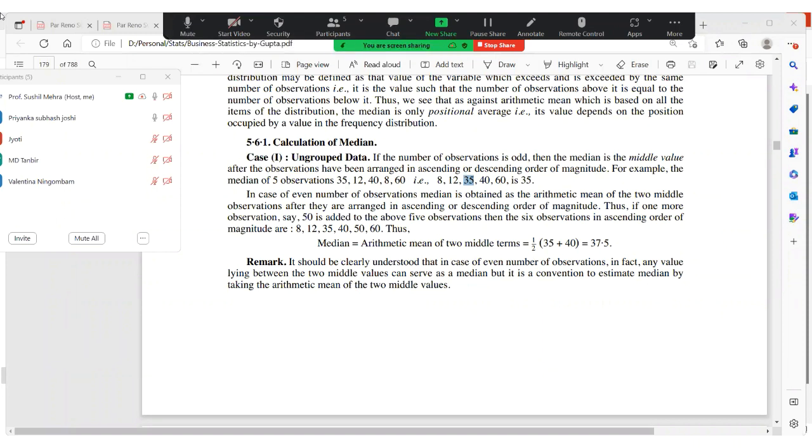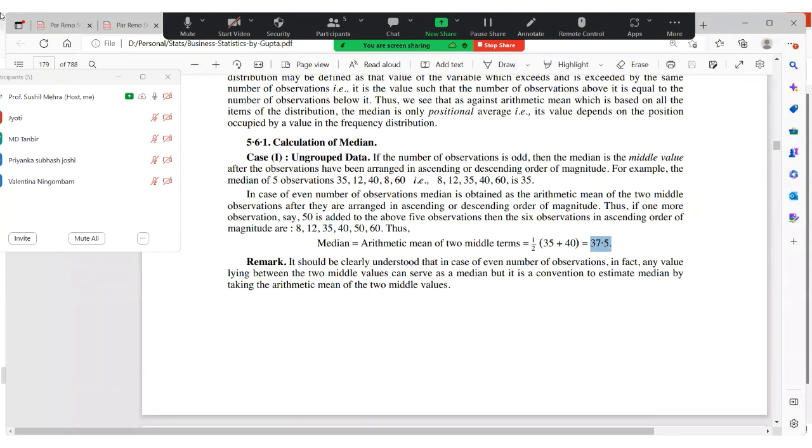Now, for the even case, let us take these 6 observations. In this, the centrally located values are 35 and 40. To find the median, it is the mean, the average, of these two numbers: 35 plus 40 divided by 2 comes to 37.5. So 37.5 is the number which lies at the center of these two numbers.